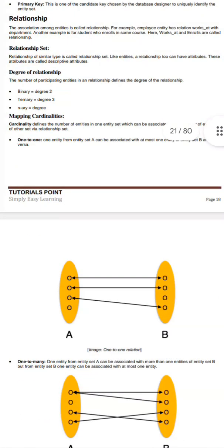First of all, we will talk about one to one mapping cardinality. In one to one mapping cardinality, one entity from entity set A can be associated with at most one entity of entity set B and vice versa.